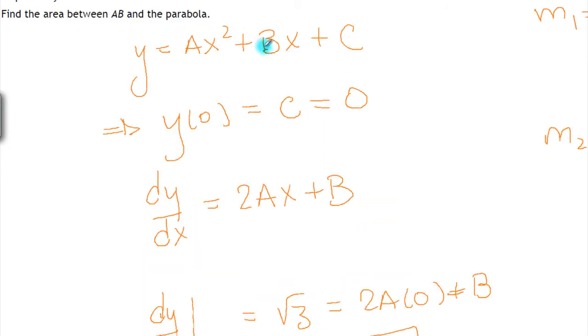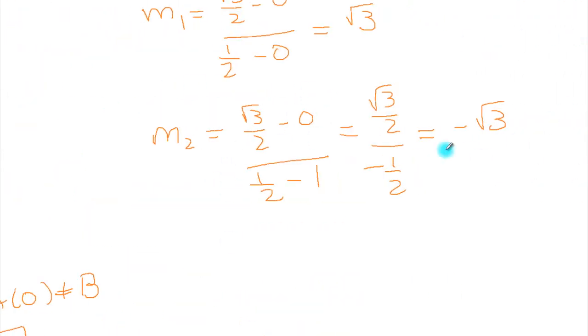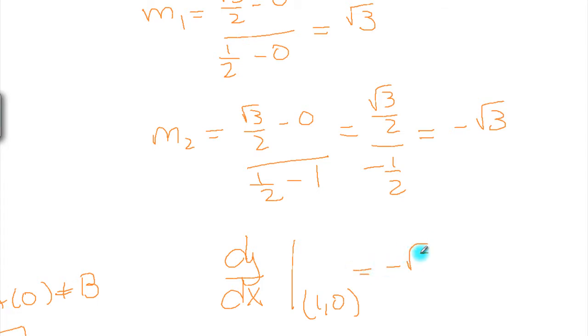Now, we can find a by plugging in this slope in the derivative. So dy/dx evaluated at (1, 0) is equal to minus square root of 3, which is equal to 2a times 1 plus b.